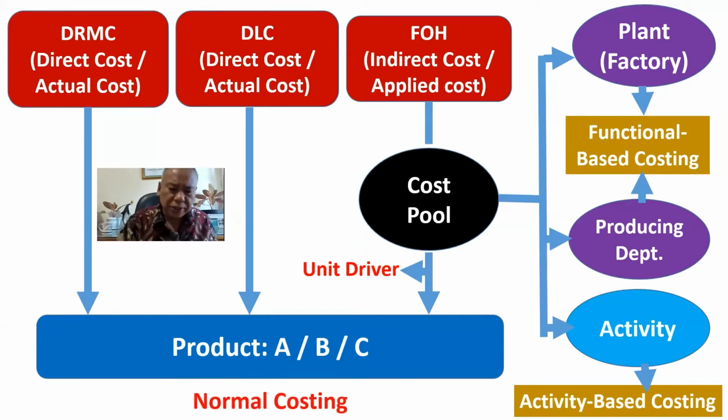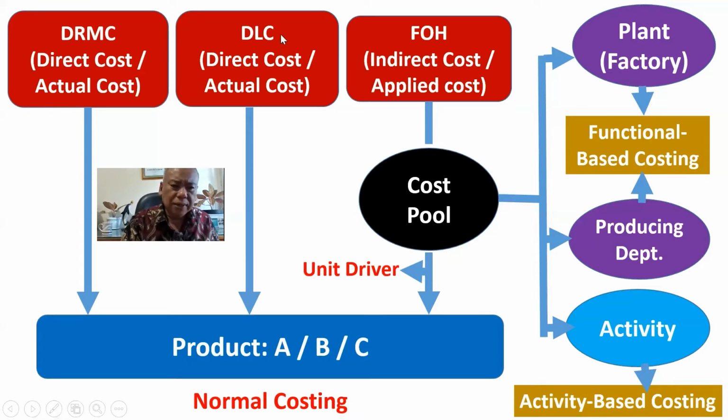We call this normal costing. Why normal costing? Because we assign the direct raw material costs to the product using actual costs.